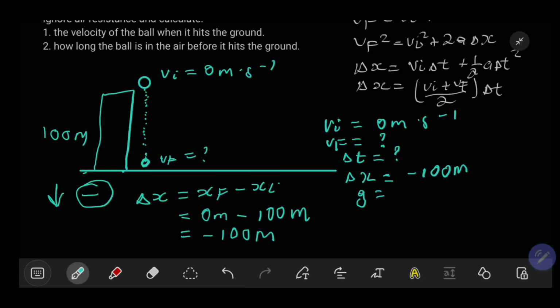All right, so we have our g, our gravitational acceleration, which we know is 9.8 meters per second squared. We said any motion going downward must be negative.